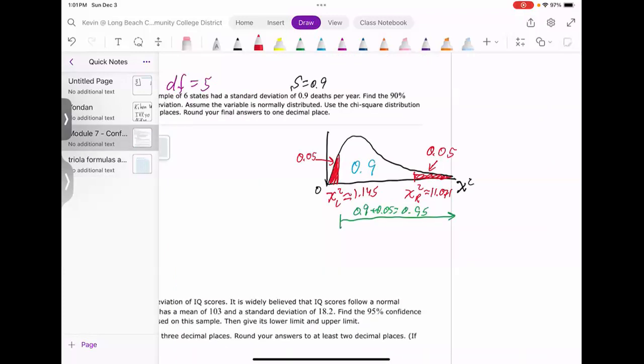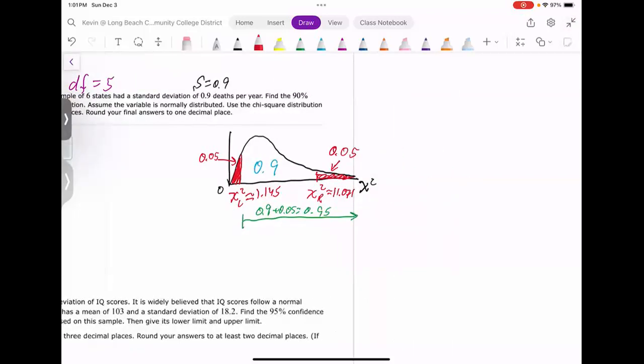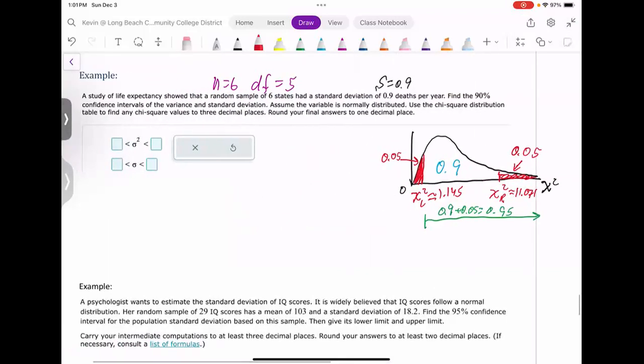All right, so let's go back to our formula now. I'm going to do the variance first, and then I'm going to show you with the calculator how we can do that. So n minus 1 is 5 times sigma, or the standard deviation, 0.9 squared over 11.071.